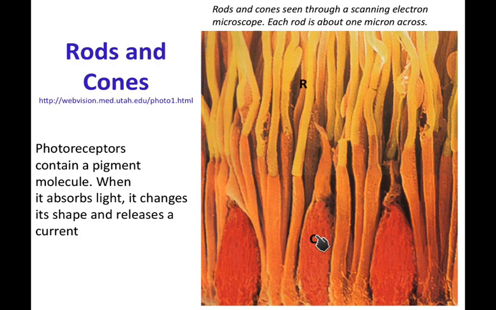You see they're fat and chubby, and they have conical ends. And these are called cones. They're one class of photoreceptors, and they're called cones due to their conical shape. The other class of photoreceptors is labeled here with R, and these are skinny rod-like structures, and they're called, again, rods for their shape.